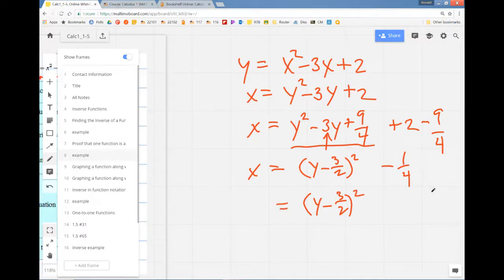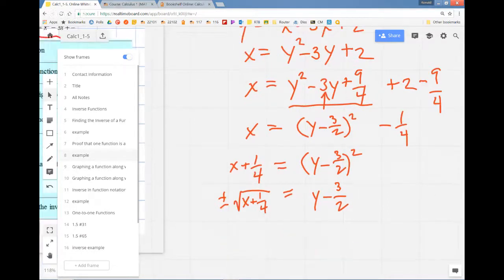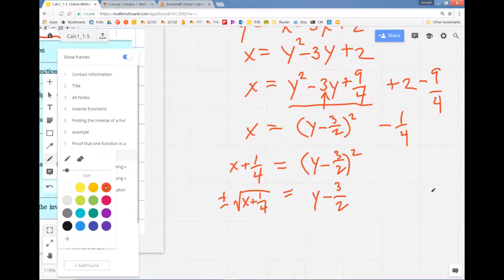Then in the next step, add the 1/4 to both sides, and then take both square roots, plus or minus the square root of x plus 1/4, and then lastly add 3/2 to both sides.